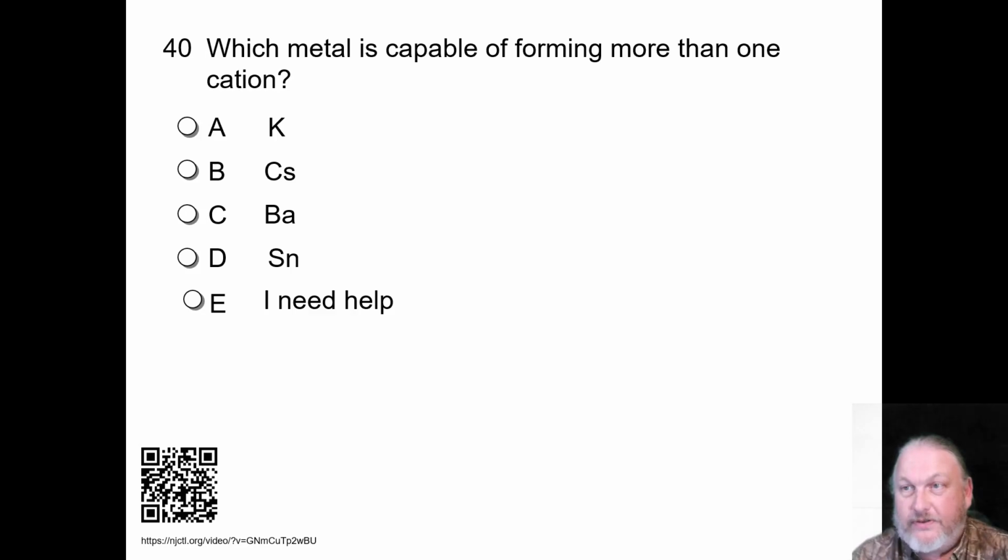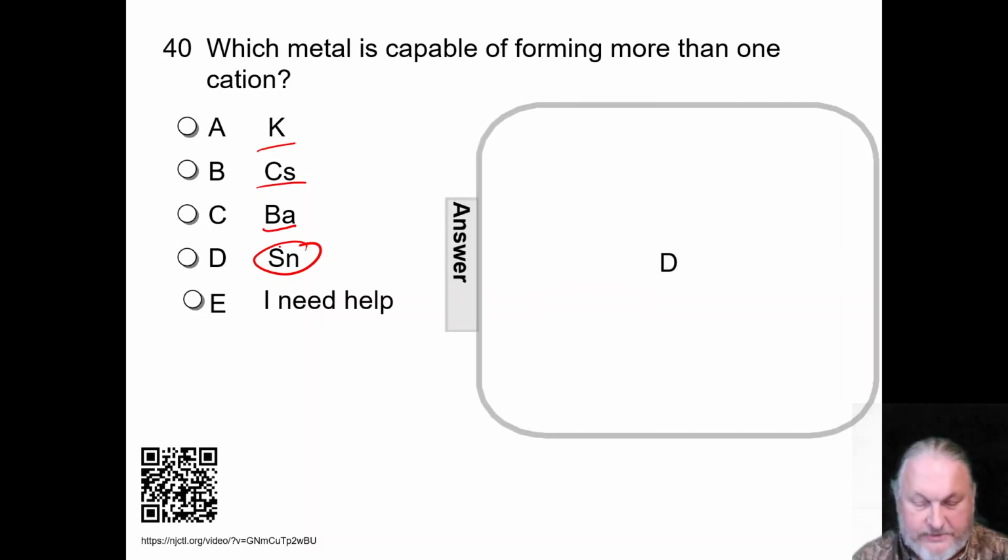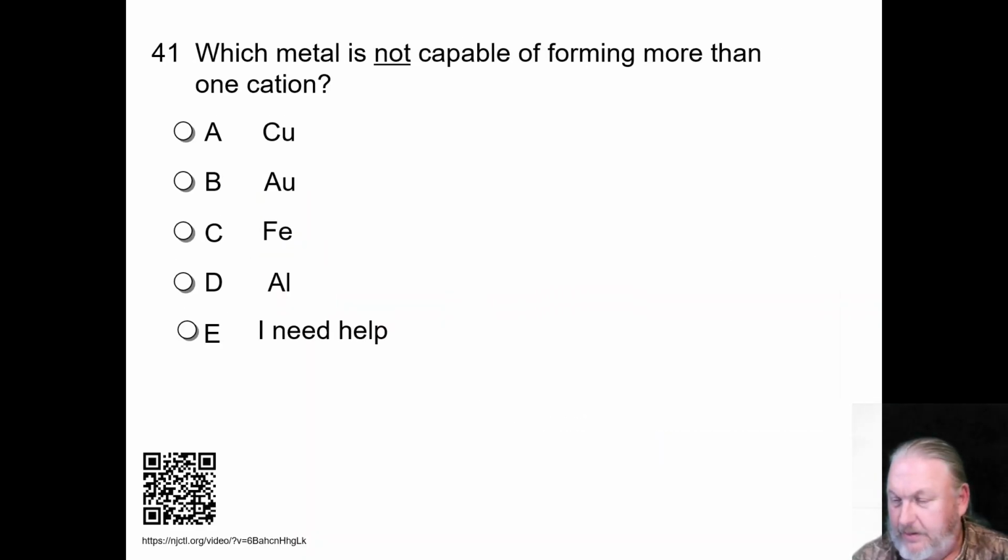So, which of these metals are capable of forming more than one cation? That's group 1. They're not going to do anything but group 1. I think barium is group 2, so it's not going to form more than one cation. Of course, that is D10. All right, which metal is not capable of forming more than one cation?